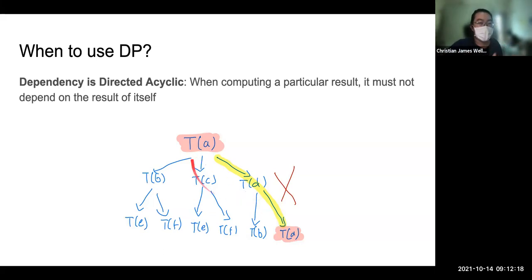That's why we need the dependency to be directed acyclic. Most of the DP problems that I know of, you don't need to think too much about this dependency. But on some problems, especially graph problems, if you try to DP on a graph, it can be cyclic.